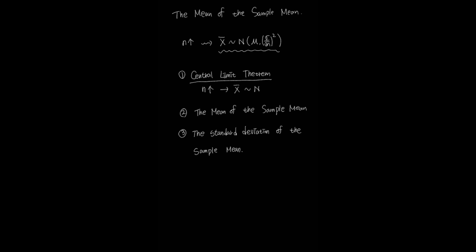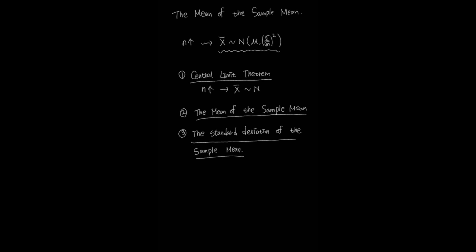And because we know that a normal distribution has two parameters, the mean and the standard deviation, of course we are very interested in the distribution of the sample mean. We also want to know the mean of the sample mean and the standard deviation of the sample mean.